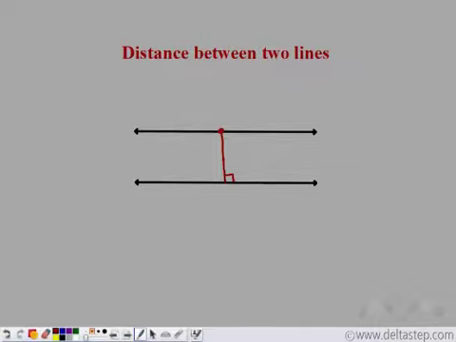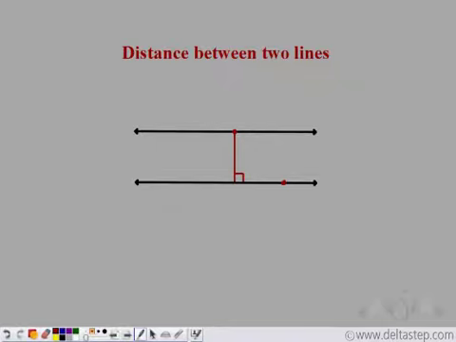So this is the distance between these two lines. This distance is also the shortest path between these two lines. So this is the shortest path between these two lines, and the length of this path gives the distance between these two lines.